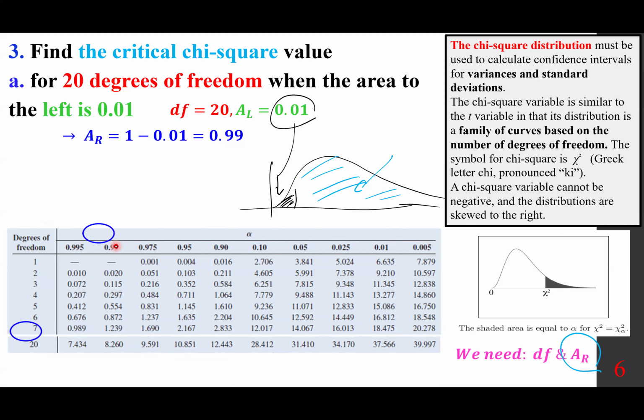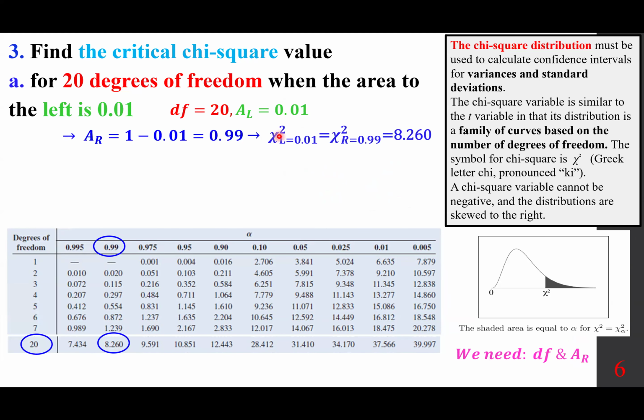So this is 20, this is 0.99. Their intersection, 8.260 is the answer. So you can write, let me erase my work. Chi-squared, the left area is 0.01, or chi-squared, the right area is 0.99, is this number 8.260, of course, with the degrees of freedom of 20.